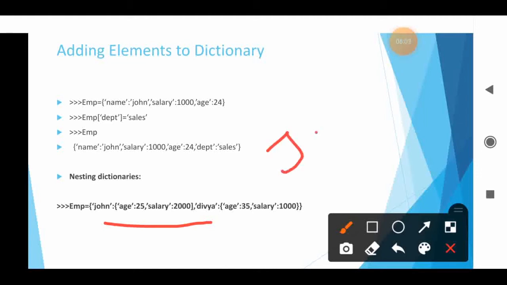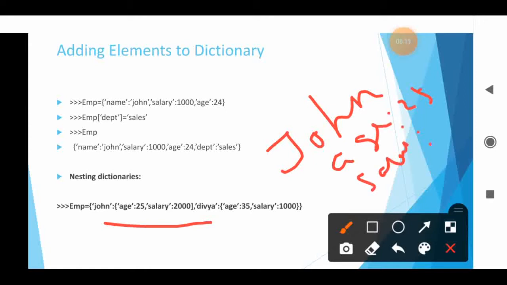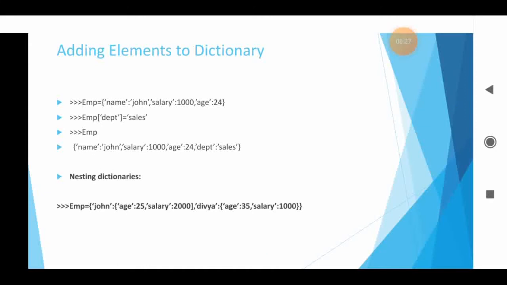That means for John, age equal to 25, salary equal to 2000. Next it will display Divya, age 35, and then salary. So this is called a dictionary nesting a dictionary. A dictionary inside a dictionary is called nesting dictionaries.